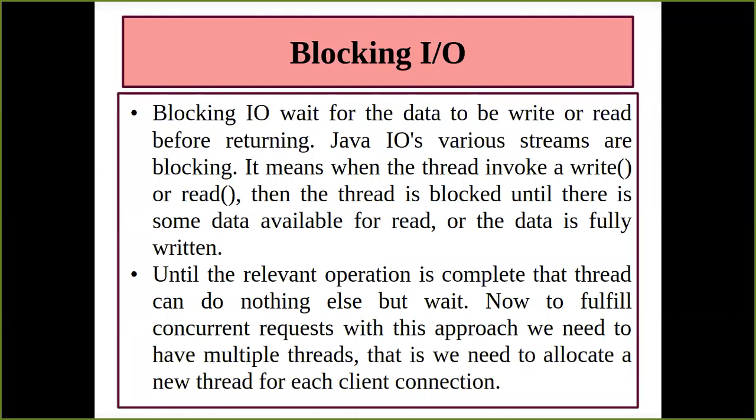Blocking IO is something where I am trying to read or write data into a file. Maybe that file is present inside your server, so I'm trying to read the data present inside the file on the server, or write some data into a file again present inside your server.